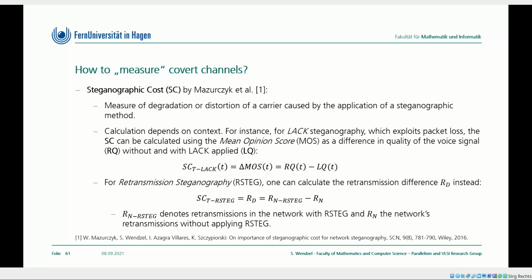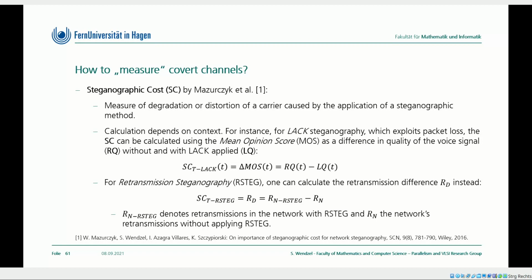An extension to these fundamental terms is steganographic cost, in short SC, and this is specific to network information hiding. It's a measure of degradation or distortion of the carrier that is caused when the steganographic method is applied to the carrier. The calculation depends heavily on the context. For instance, take LACK steganography, which drops packets in a specific way to signal hidden information.